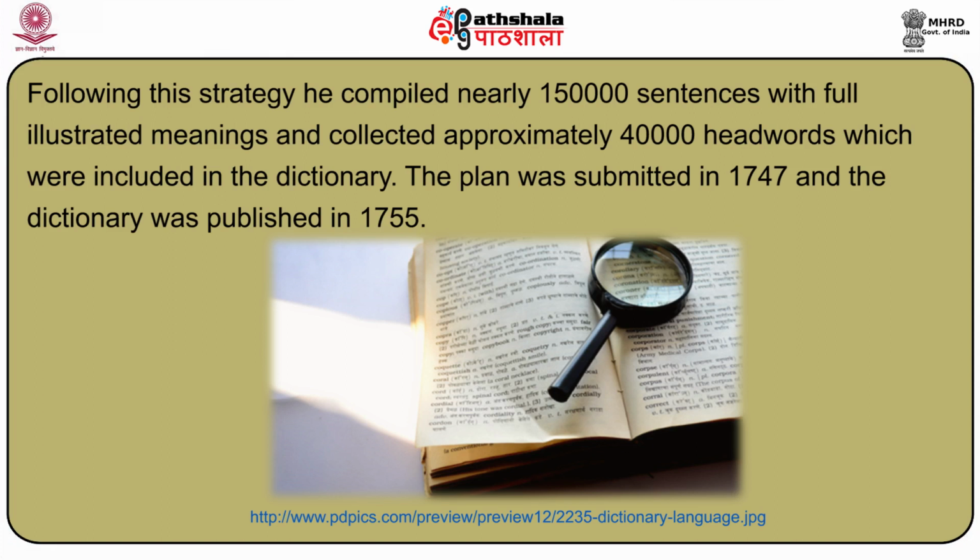So within these 8 years, he was able to collect a huge database of language citations, full illustrative examples, and 40,000 headwords to be included in the dictionary. It was a mammoth task, a massive project for him.